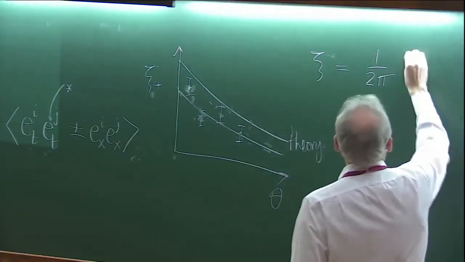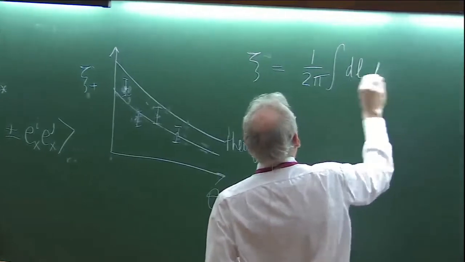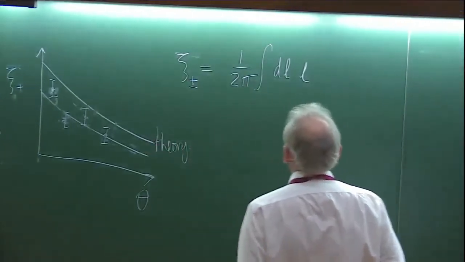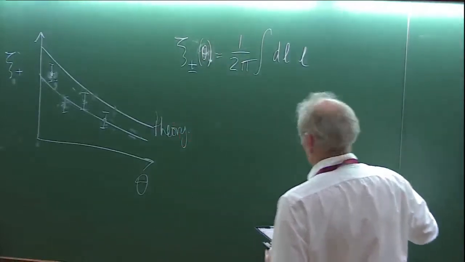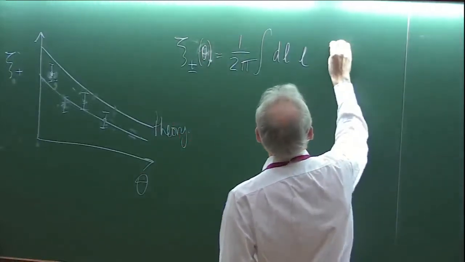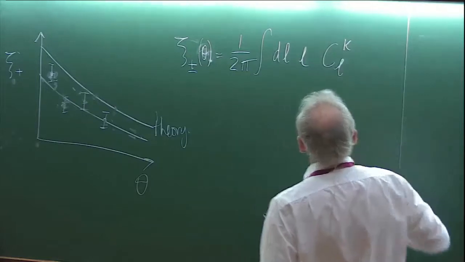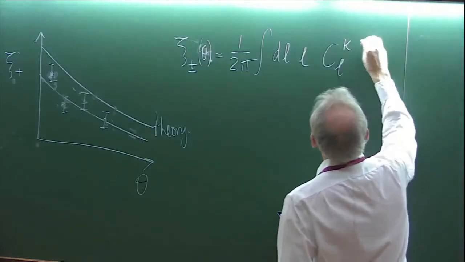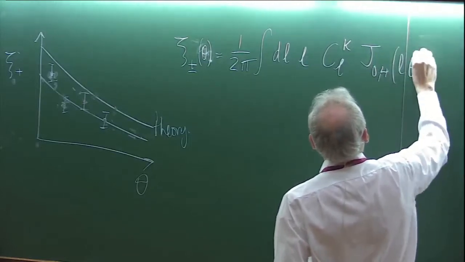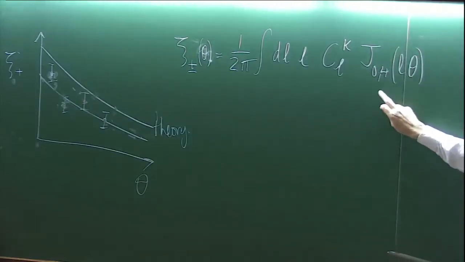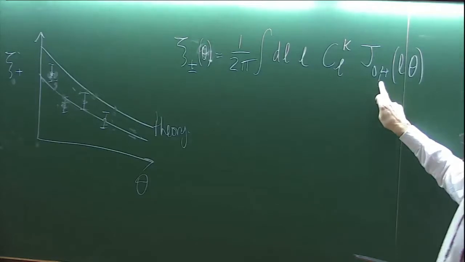What you can show is that these correlation functions for separations theta are given by an integral of the convergence or the gamma power spectrum times the Bessel function. So J0 for the plus term and J4 for the minus term.